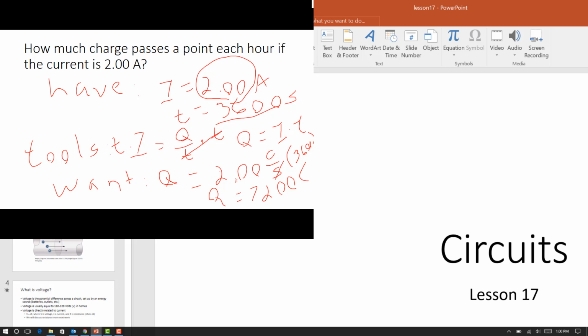This one I would say was okay, since you presented this with 2 significant figures, I would allow you to present your answer with 2 significant figures. I just want you to know that technically speaking, since 1 hour is exactly 3,600, that does not need to limit your number of significant figures. But if you presented that on an exam, that would be fine.